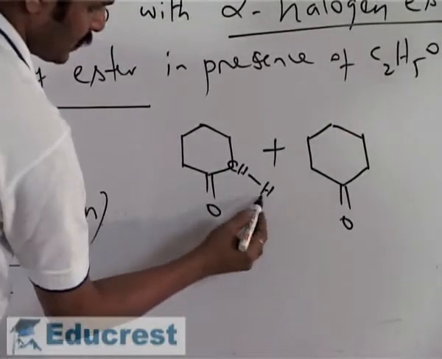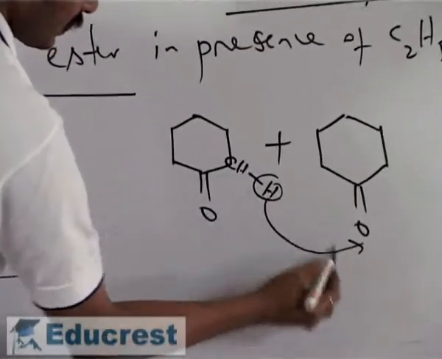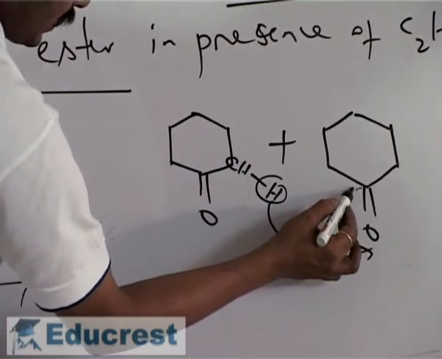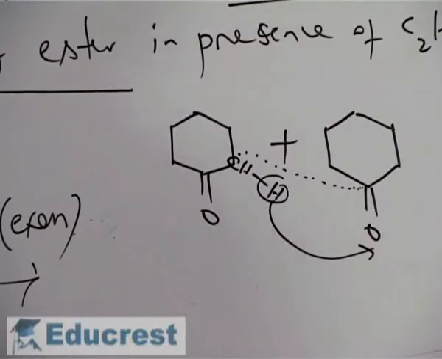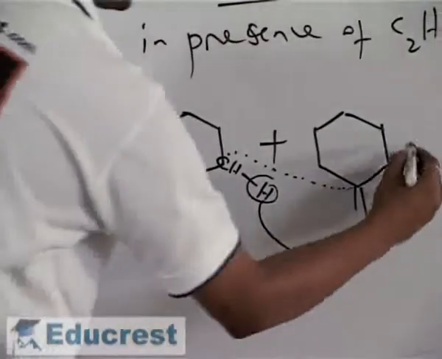Now between these two, this alpha hydrogen is migrated toward this oxygen, and between this carbon and this carbon there is a bond formation and leads to the formation of the product.